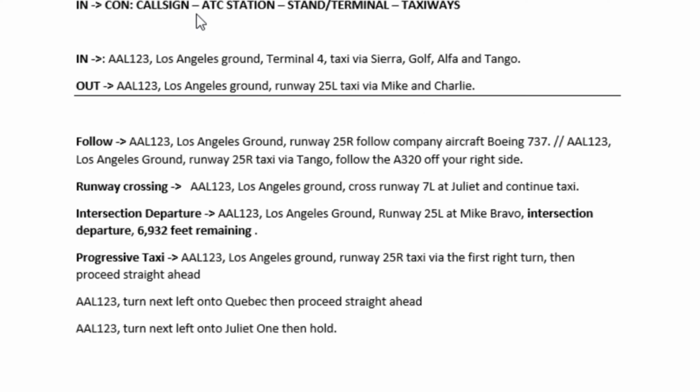And then the next instruction would be America 123, turn next left onto Quebec, then proceed straight ahead. America 123, turn next left onto Juliet 1, then hold. So you're basically taxiing an aircraft step by step. If he asks to, or if you have time to, you can do this progressive taxi.